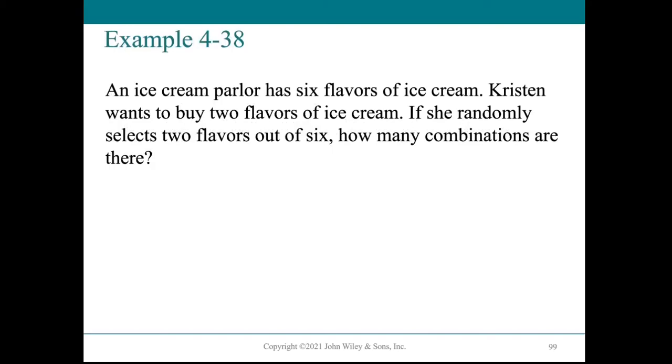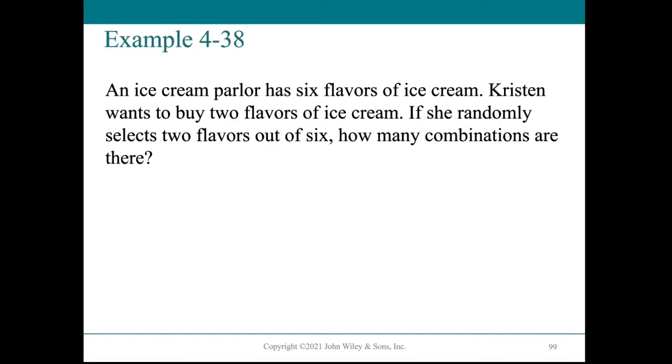An ice cream parlor has 6 flavors of ice cream. You want to buy 2 flavors. So if you randomly select 2 flavors out of 6, how many combinations of flavors do you have? So we have combinations here. When we say combination, out of 6 possible flavors, we just choose 2.